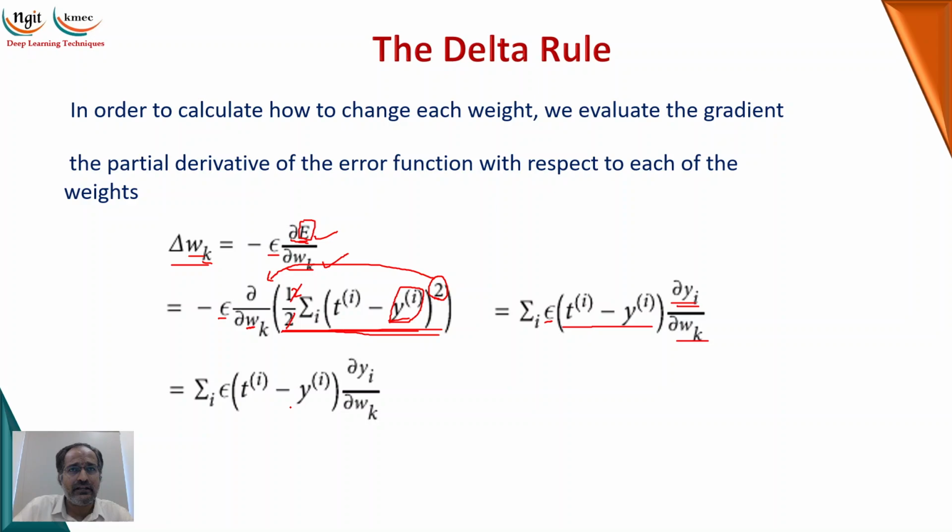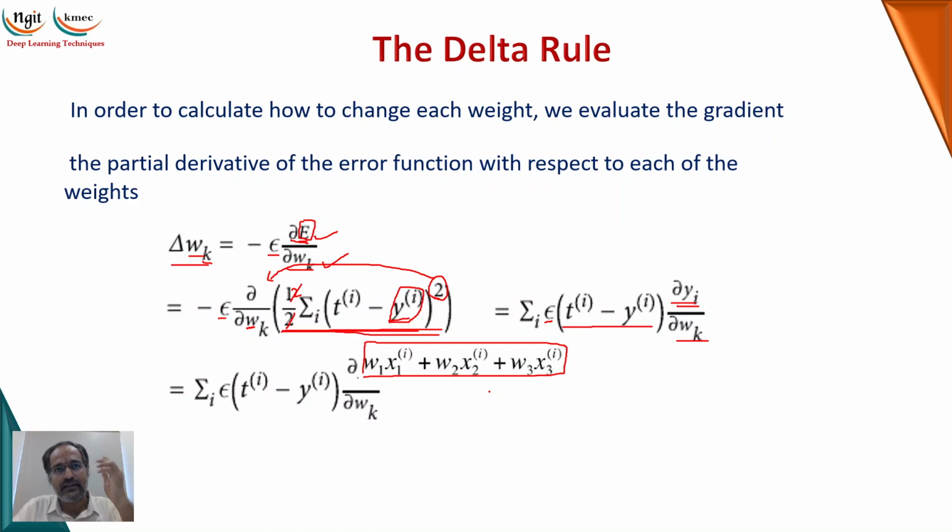For that, see here, this is the formula for y: w1x1 + w2x2 + w3x3, like this. In our example, if we have only w1 and w2, then we take only up to w1 and w2.